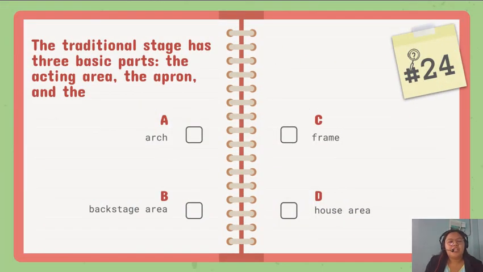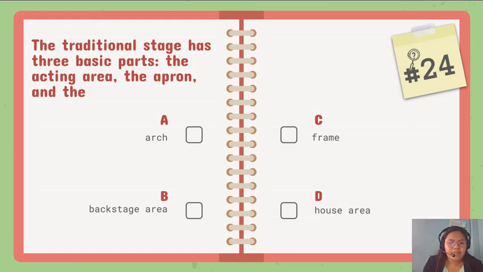Number 24. The traditional stage has three basic parts: the acting area, the apron, and the A. Arc, B. Backstage area, C. Frame, D. House area.